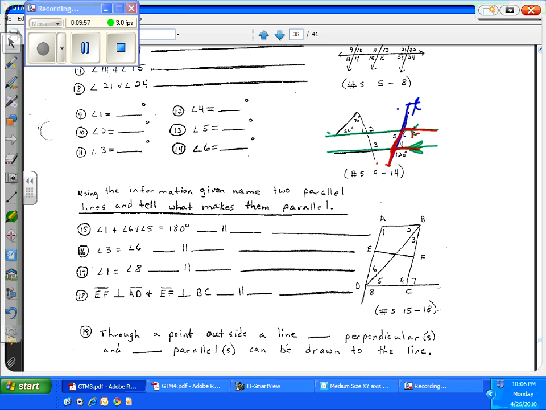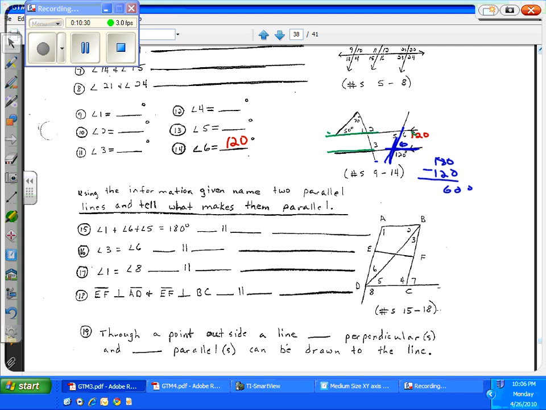Angle 6 is also 120. We know that the angle that is a linear pair with it, which would be angle 4, adds up to 180 with it.